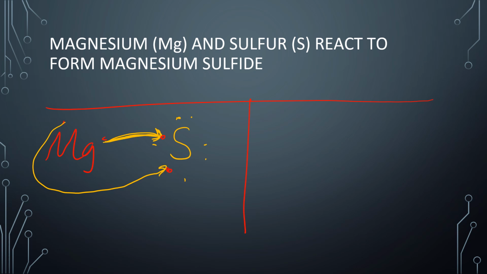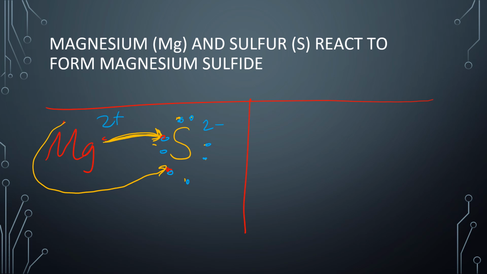These right here are the valence electrons it has now in the end, so it's a total of 8. It gained 2 electrons, so its charge is 2 minus. Magnesium lost 2 electrons, so it's 2 plus.